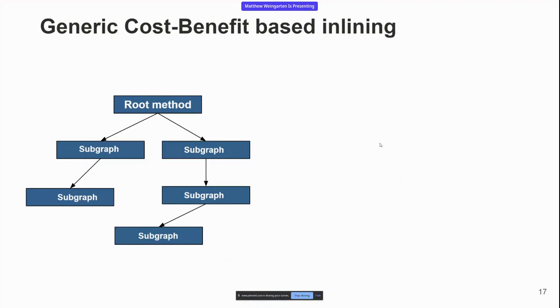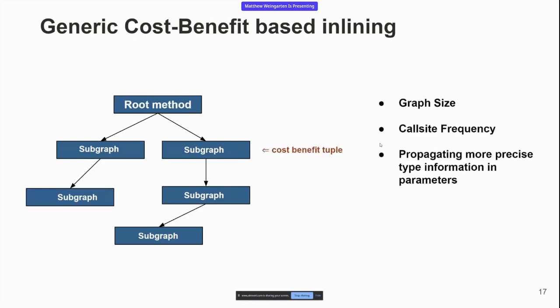To give you a little more flavor of how the algorithm actually works, generally speaking, we built it on top of some generic cost-based inlining algorithm that builds a call tree representation of the procedures. In this scenario, every subgraph node corresponds to a single procedure in the call tree. Each subgraph node has an assigned cost-benefit tuple that takes into account various things, like graph size, call site frequency.